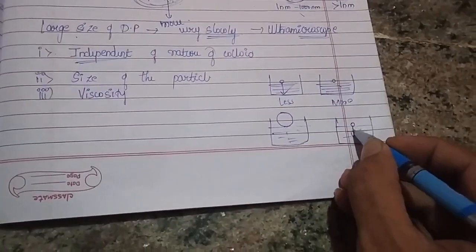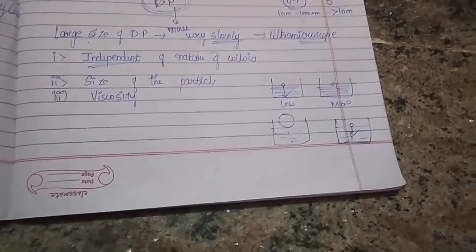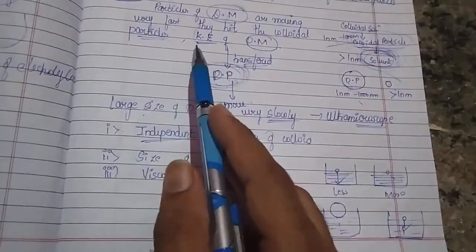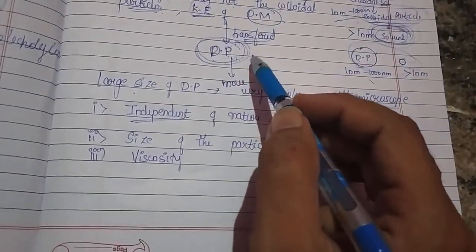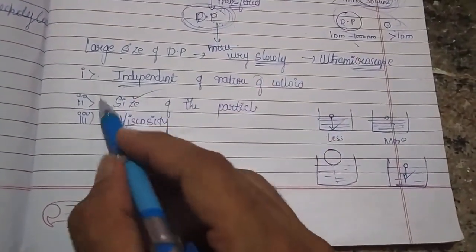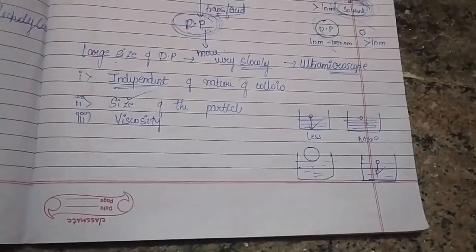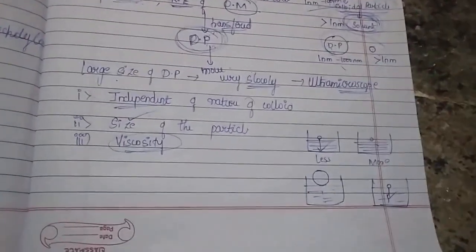The honey will easily seep through it, and it will go to the bottom and fall. So whatever this movement or energy associated with your dispersed phase particles, it depends upon the size. The lesser the size, the more the kinetic energy. In the same way, if viscosity is less, the motion will be faster.